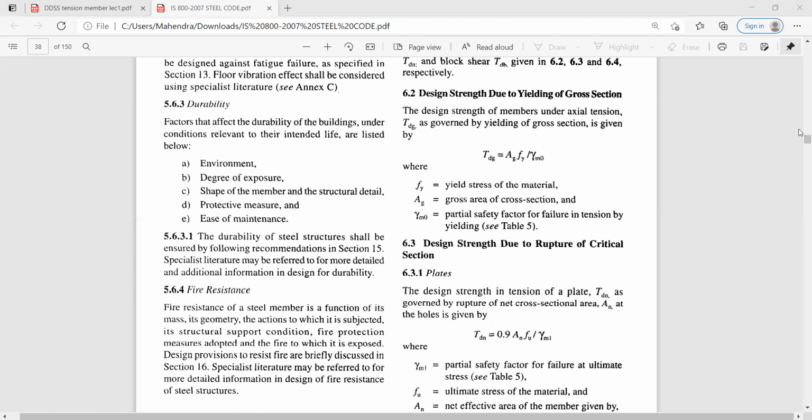Then next is the design strength due to rupture of the critical section.